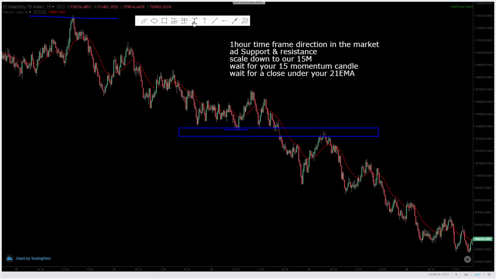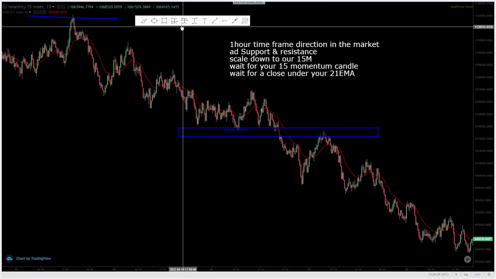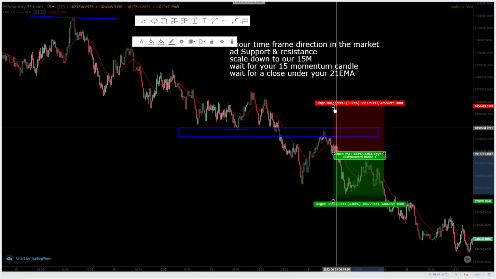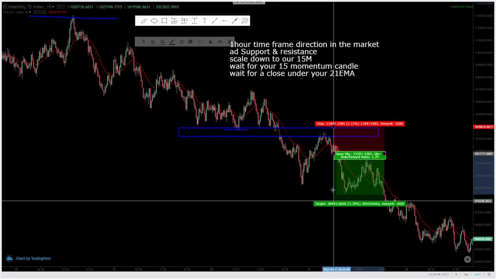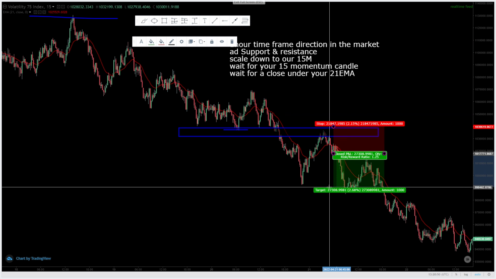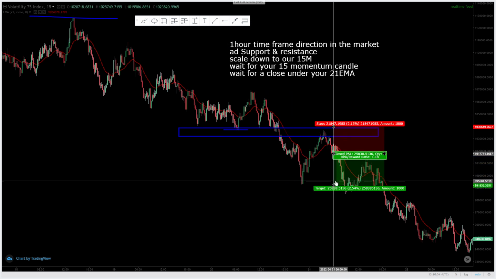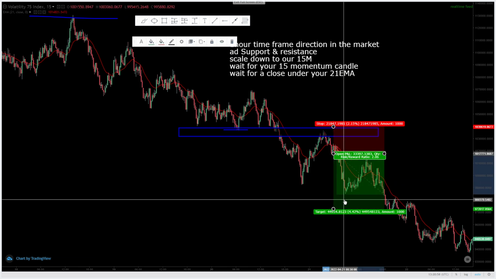So here you guys can see price break structure, retrace back, and there we have this candle close under our 21 EMA, right there. This is our first structure area, just down here. This is also always gonna be our first target, and we can have a 1 to 2 in here as well.